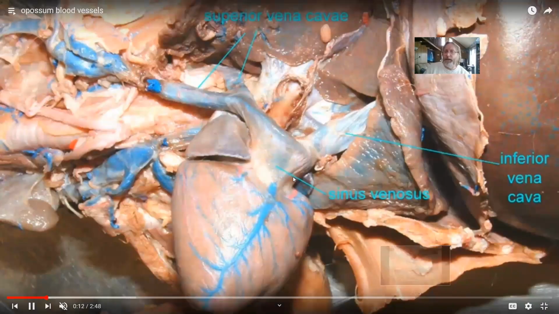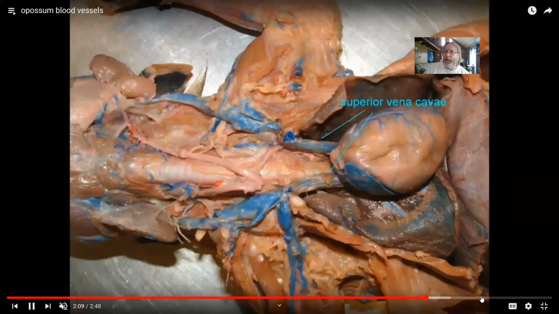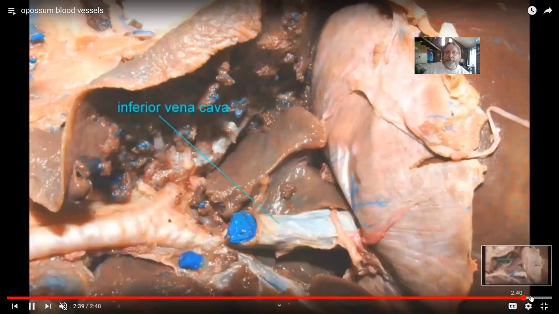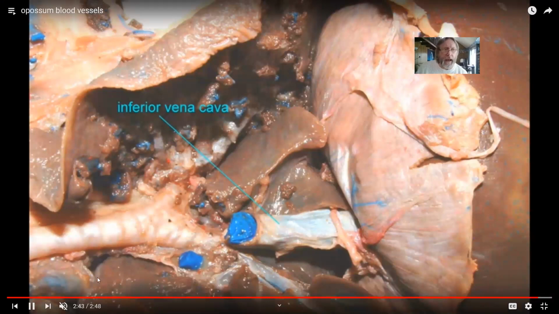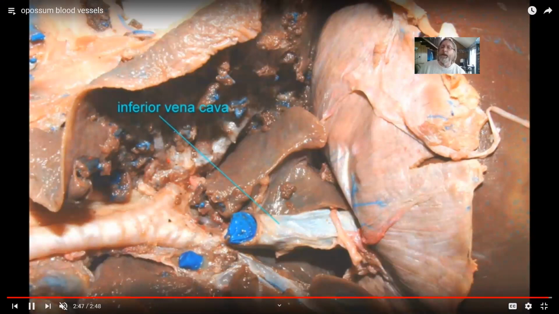So the inferior vena cava is going to empty into the right atrium, and it does not pass through the kidneys. So there is no renal portal system in mammals, and the same would then be evident in the cat in the next video or in humans.